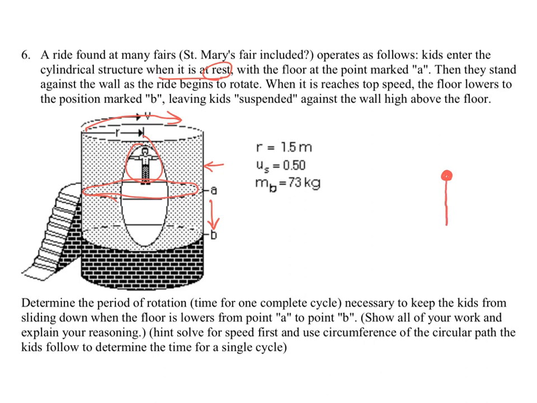So if we draw a force diagram here of you, you've got the earth pulling you down. And we already said the wall, this normal force, is pushing you this way. I'm pretending I'm looking in this direction. So the center of the circle is over here, I'll call it the center of rotation, like the center of the cylinder here. And then there's something holding you up.